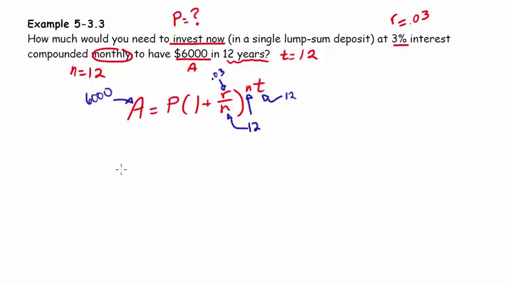So we end up with 6,000 equals P times (1 plus 0.03 over 12) to the 12 times 12. Now we're going to have to do a bit of algebra to solve for P. Do you see there's no variable in all of that stuff? All of that is just a number. So let's figure out what that number might be.